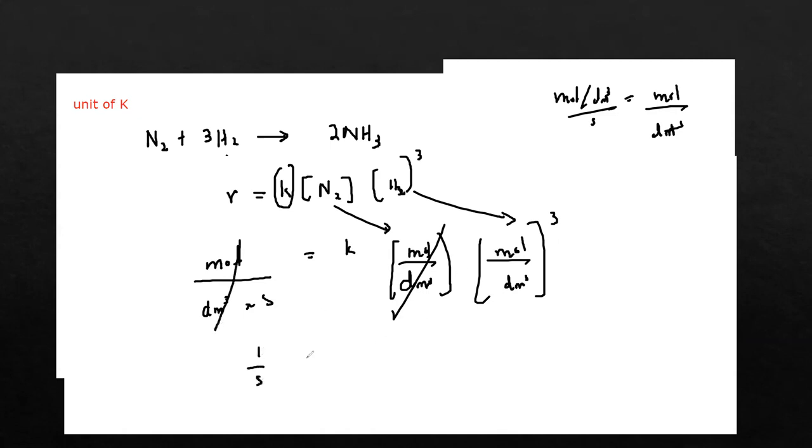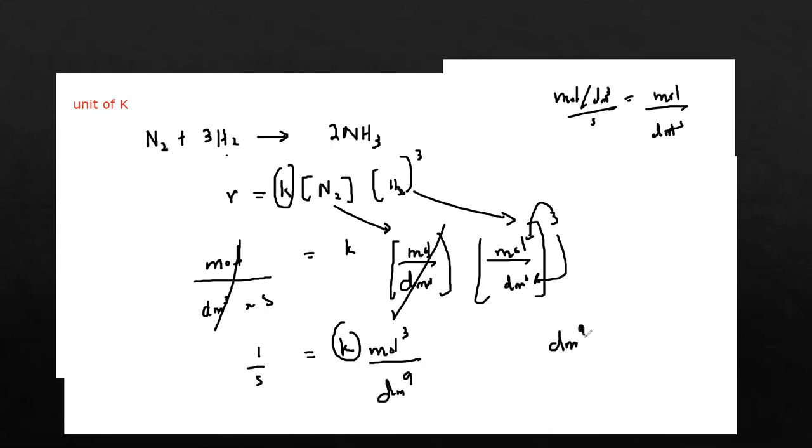When I simplify, the 1 over second stays with k, and this power 3 is multiplied with mole and also with dm cube. So this will become mole cube over dm cube. So 3 multiplied by 3 is equal to 9, so dm raised to power 9. And we need k, so dm will be multiplied, mole will be divided.